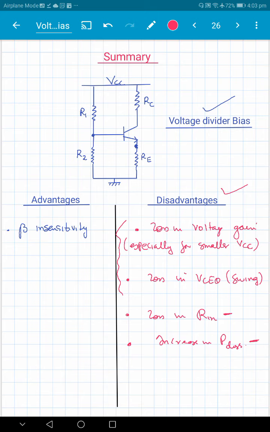The circuit is more sensitive to variations in VBE here. Right, so it's important to note this trade-off, that one is able to get something, but there is a price that has to be paid for that positive feature of beta insensitivity. All right, so let's stop here.